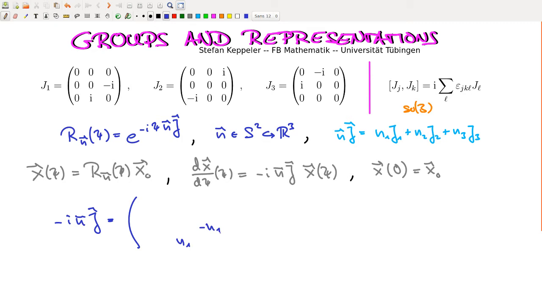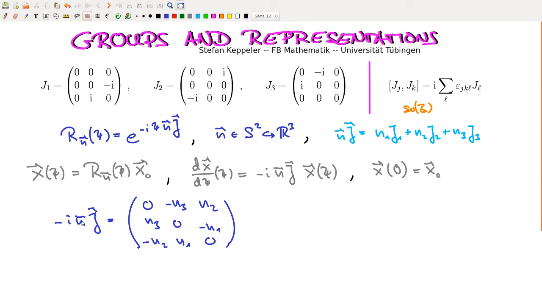What do we get from the n2·J2 term? We get a minus sign here and a plus sign here, all this with n2, so we have minus n2 and n2 here. And from the n3·J3 term, we get here in this position a plus n3, and here we get a minus n3. And we have zeros on the diagonal. So this is this matrix here.